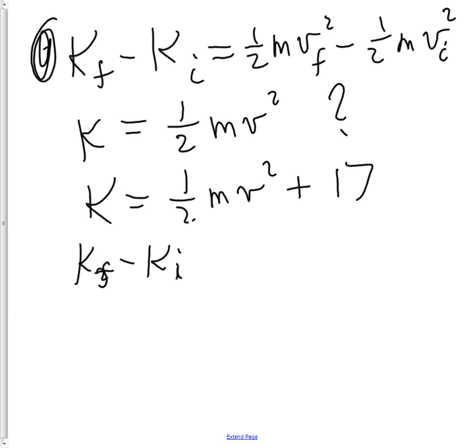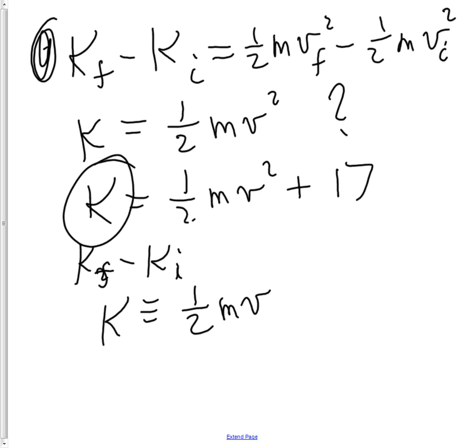So that's an important thing to learn about energy. You all know by now, I'm sure, that K is kinetic energy. Kinetic energy is defined to be 1/2 m v squared.